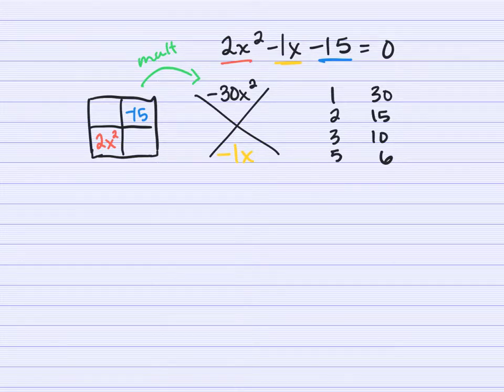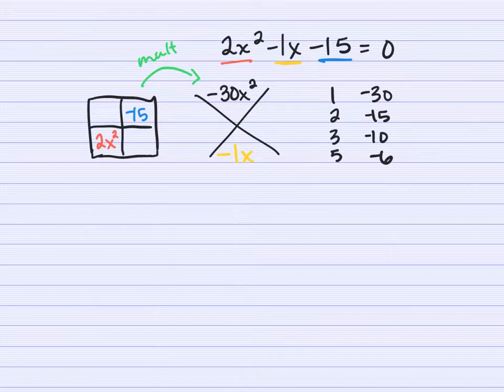So when I have a top number that's negative, that means I have a negative times a positive. So one of these columns has to be negative. If my bottom number is negative, that means the bigger number is overtaking the smaller number, so that means the bigger number is negative. So what I'm looking for is the pair that adds up to negative 1.